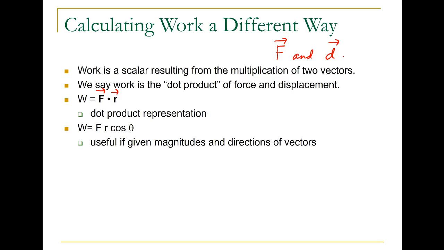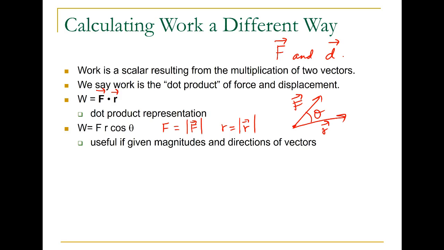Now this is the magnitude and angle representation, and in this case F really is meant to be the magnitude of F, and R is really equal to the magnitude of the vector R. And the cosine of the angle is the angle between the two vectors, so F and R. So you have to put the two vectors together to get that angle.